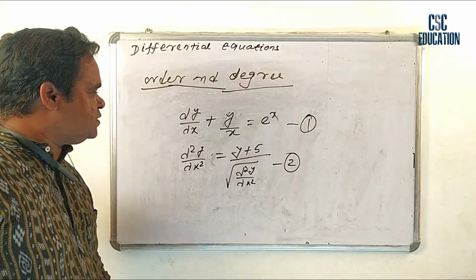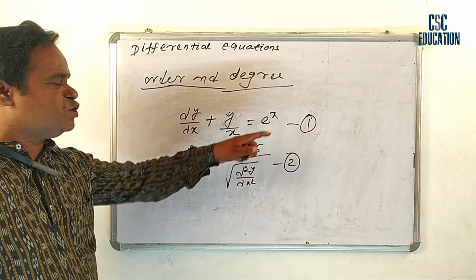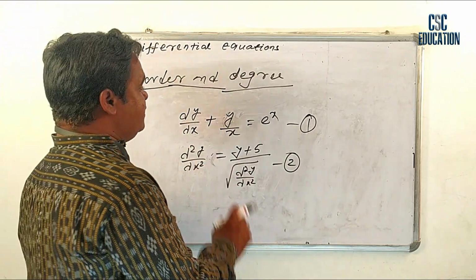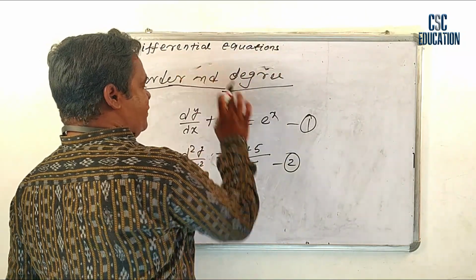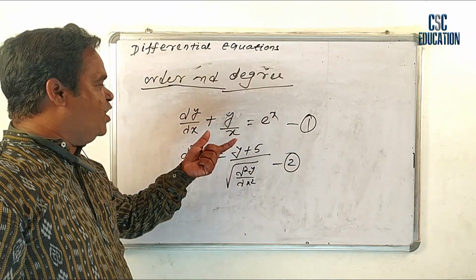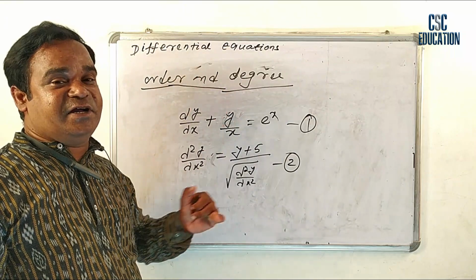In these two equations, the first equation is dy by dx plus y by x equals e to the power of x. Okay. Now for degree and order, note here: firstly, the differential equation must be in polynomial form. The power is a positive integer, not a negative or fractional part.